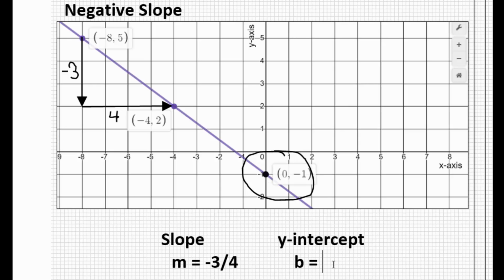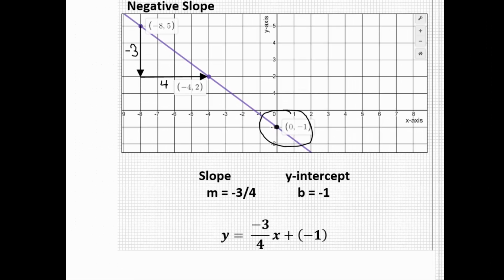And I can fill in my y-intercept, and we're ready to complete our equation. So here's our equation, y equals -3/4 x plus a -1, right, where we substituted in -3/4 for our m value and -1 for our b value.